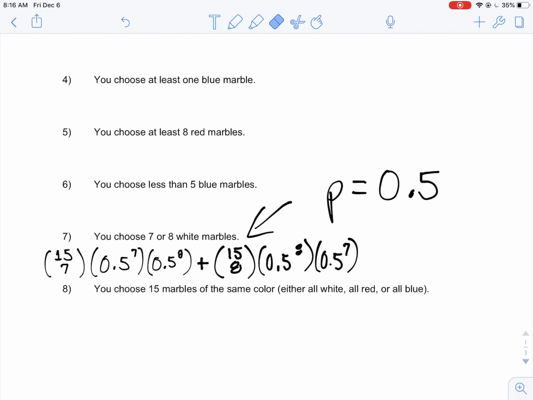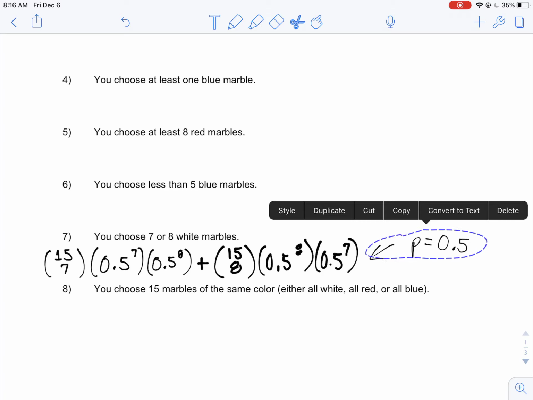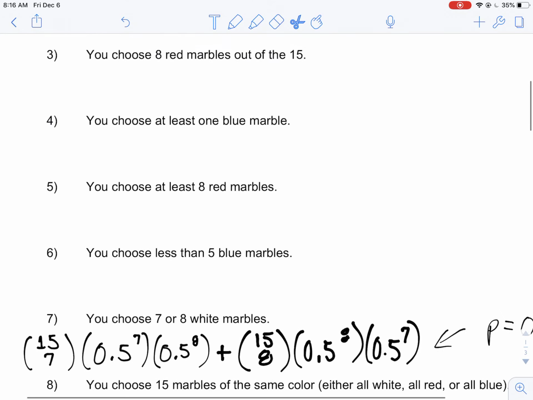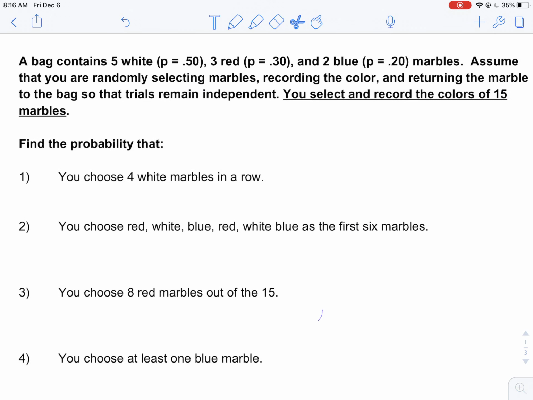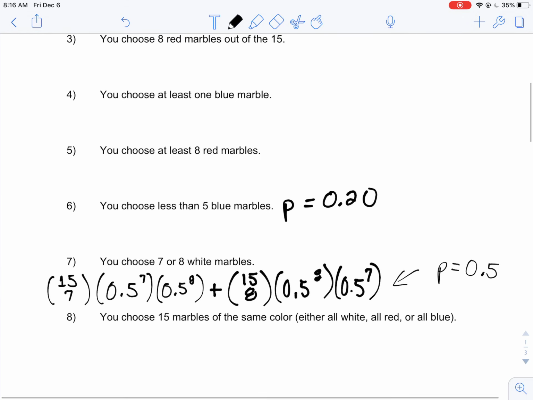Now, here's where people get tripped up when we start talking about at least or less than. So I want to walk through an example of this and how Binomcdf comes into play here. In this case, talk about blue marbles, which the probability of that is 20%. So I'm going to do P equals 20%. Now they're asking here that I choose less than 5 blue marbles.